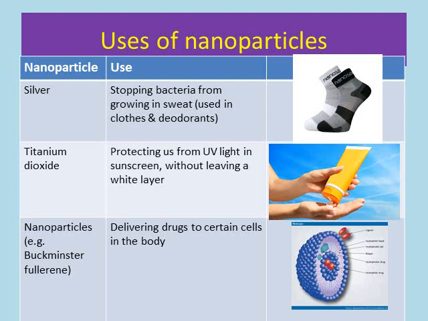And titanium dioxide is able to protect us from UV light in sunscreen without leaving a white layer of reflection on your skin. So it actually becomes invisible when it's on a nanoscale, but still provides that UV protection. And then other nanoparticles like Buckminster fullerene can be used as drug delivery systems like we spoke about last lesson.